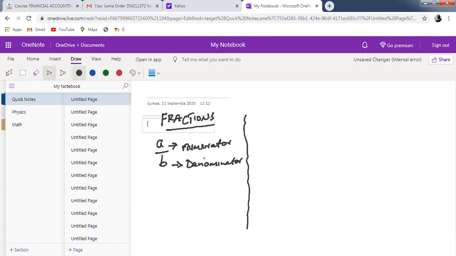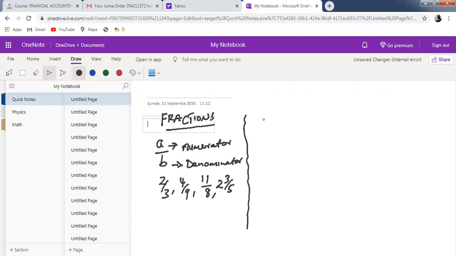Any number that is written in this form, a over b, is known as a fraction. It can be 2 over 3, 4 over 9, or 11 over 8. Any such number, including a number written as 2 and 3 over 5, is known as a fraction.